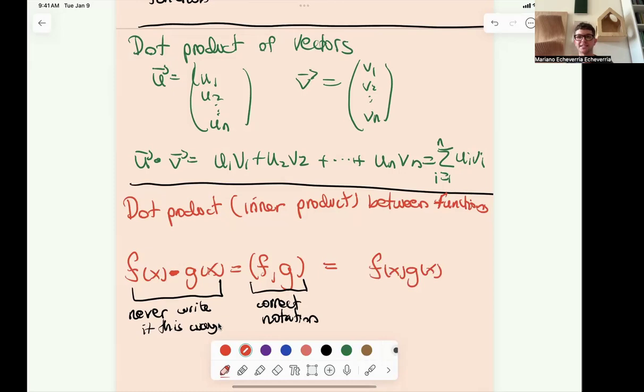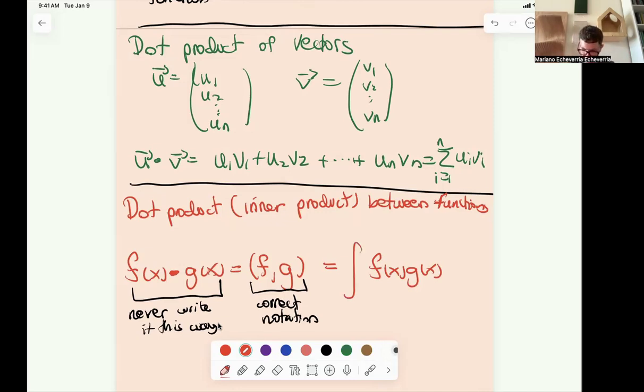But for which x? Well, that's what I was saying before: a function is kind of like an infinite list of numbers, but it varies continuously. So you want to do the multiplication over all possible values of x. And the only way to do that is to integrate, because the function is like a continuous version of a list.